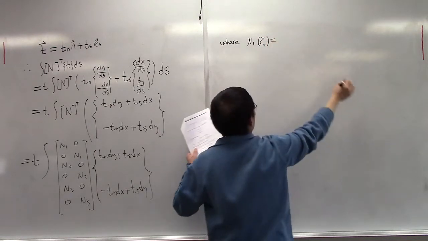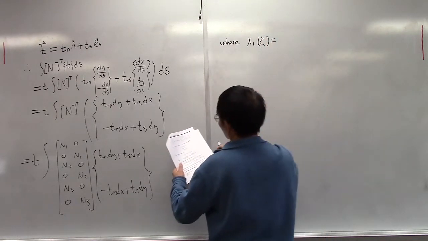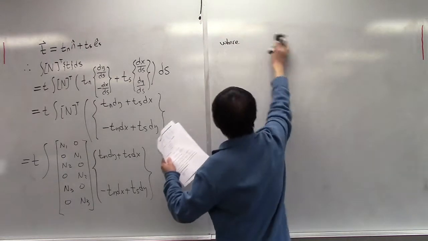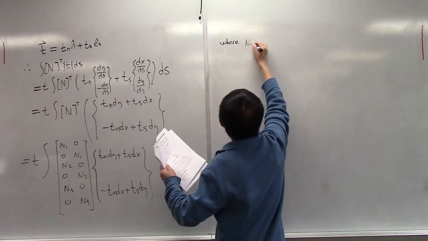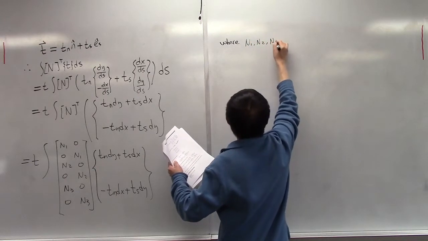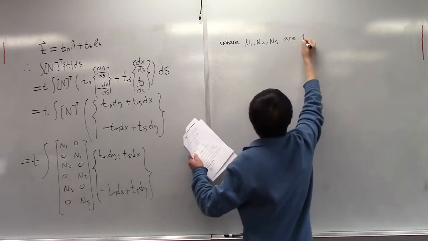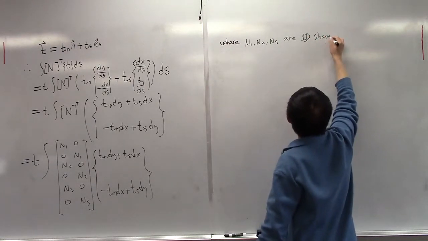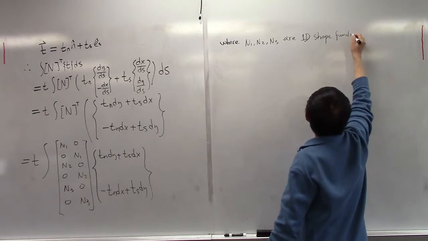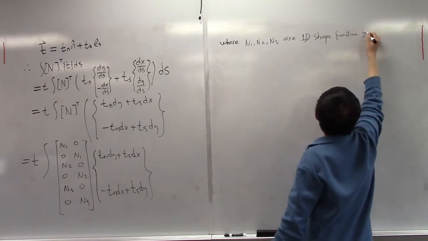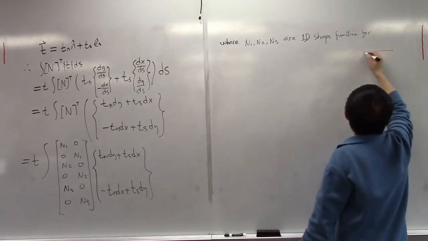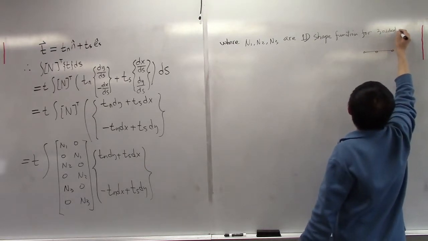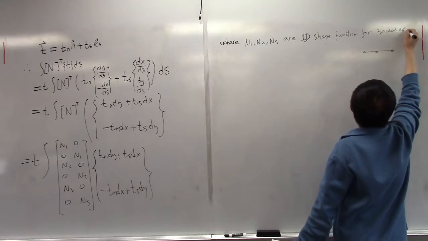Xi is equal to the 1D shape function where N1, N2, N3 are 1D shape functions for a 3-noded element.